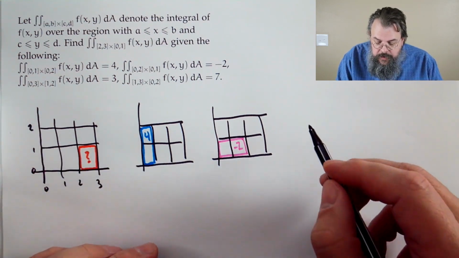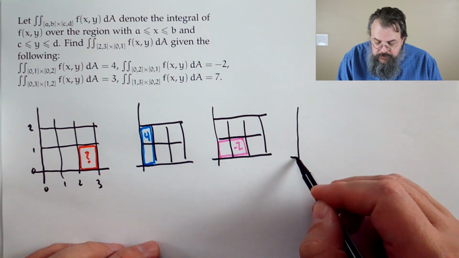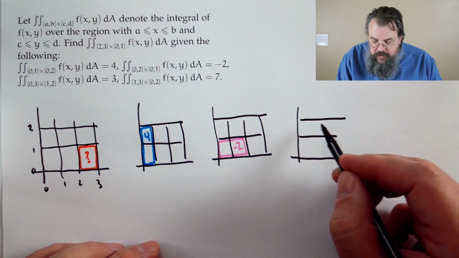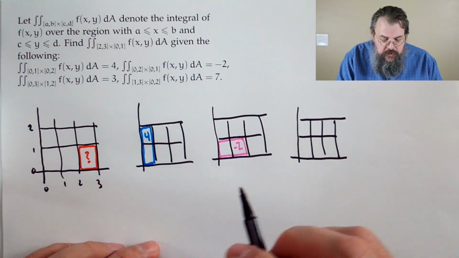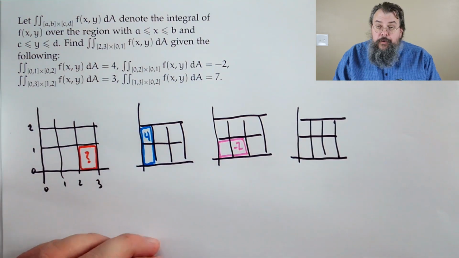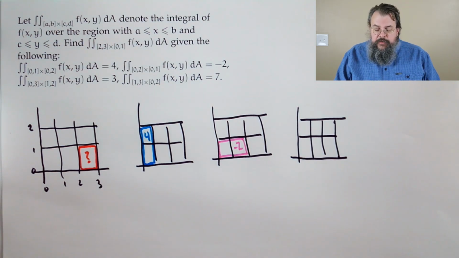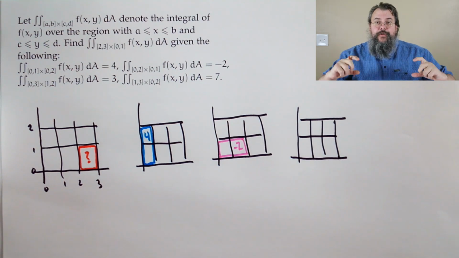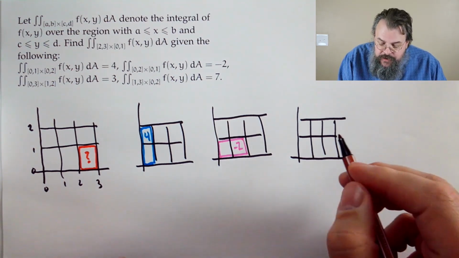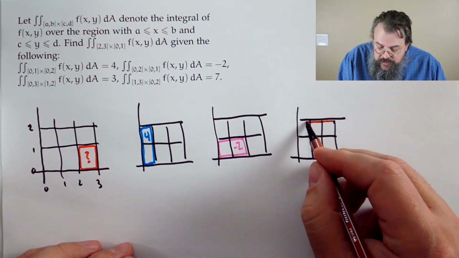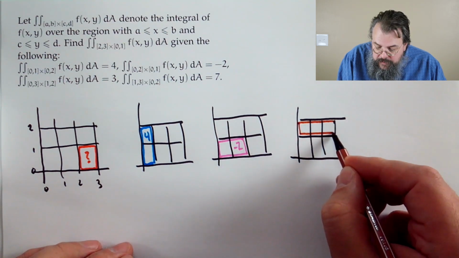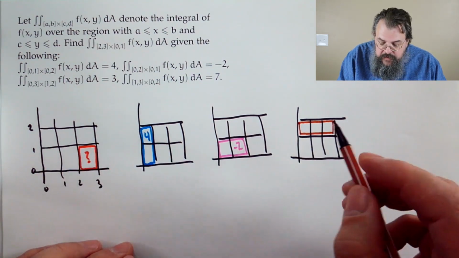Well, 2 to go. [0, 3] cross [1, 2]. So x goes from 0 to 3, y goes 1 to 2. It goes pretty far in the x direction, but it's up here, and that is 3.